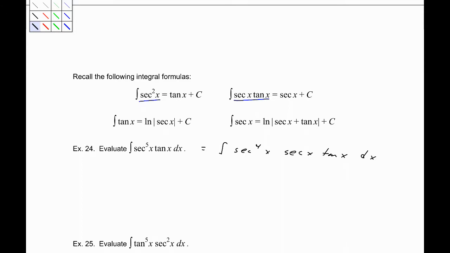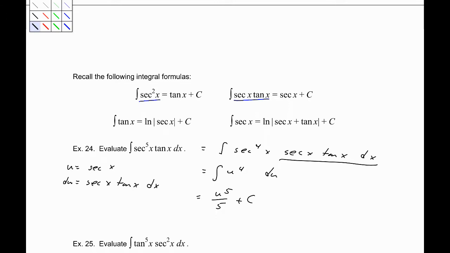That way I can make u equal to secant x, and du is then secant x, tangent x, dx. So then this is the integral of u to the fourth du. All of that is taken up with du. So that's u to the fifth over 5 plus c, which is then secant to the fifth x over 5 plus c.